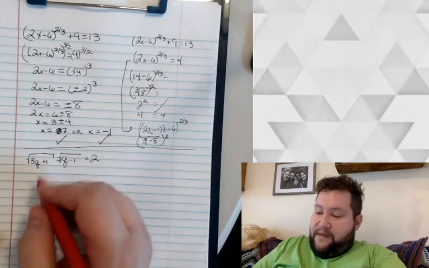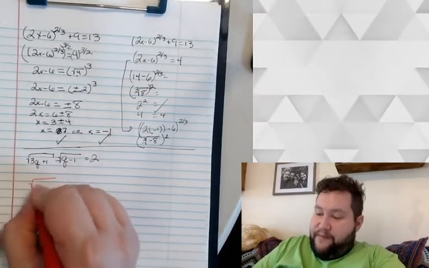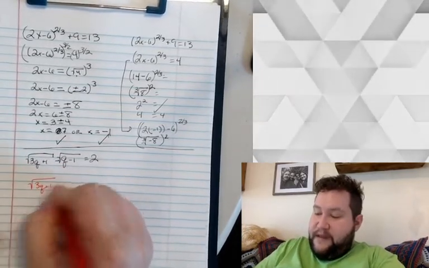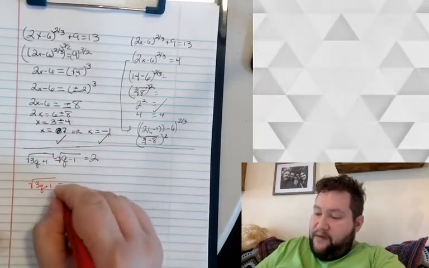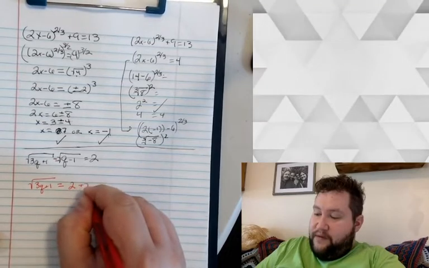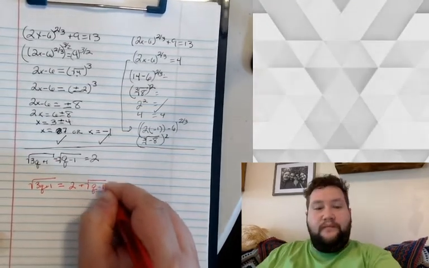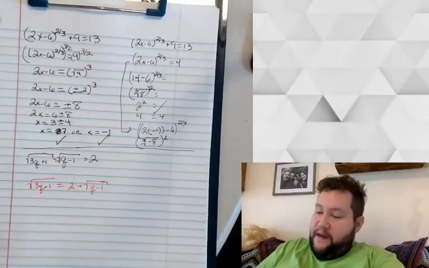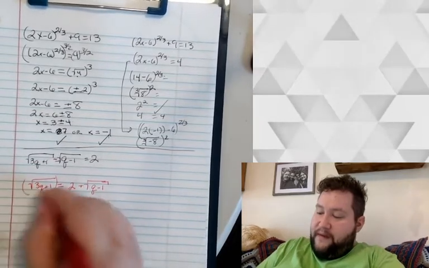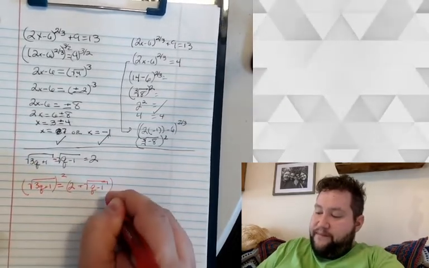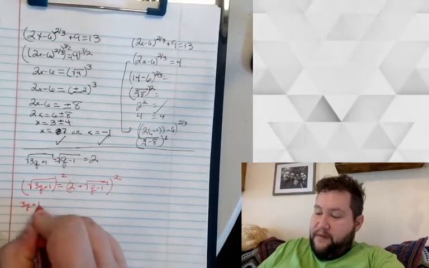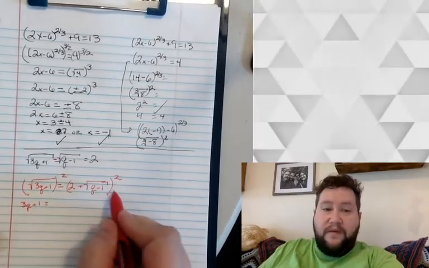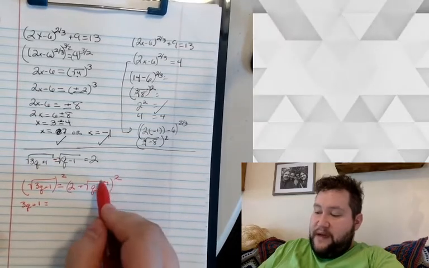So let's get the square root of 3q plus 1 by itself. And then remember this had a minus in front of it. So we'll go ahead and do 2 plus the square root of q minus 1. And then to undo a radical, we square both sides. And so here we have 3q plus 1. But it's important to remember here when we square, it's not just as simple as squaring each of those.